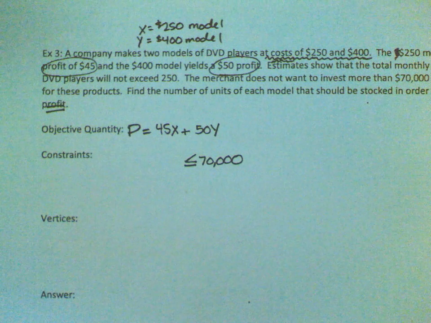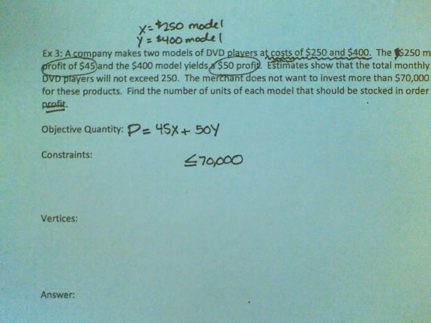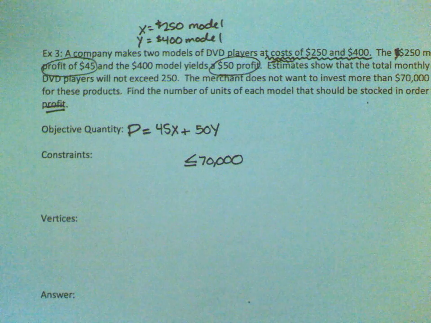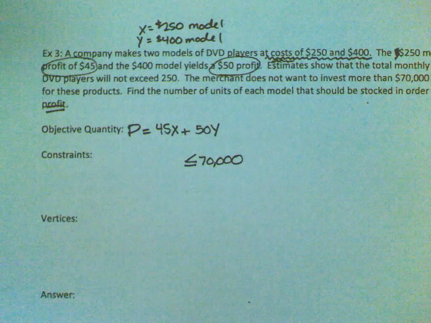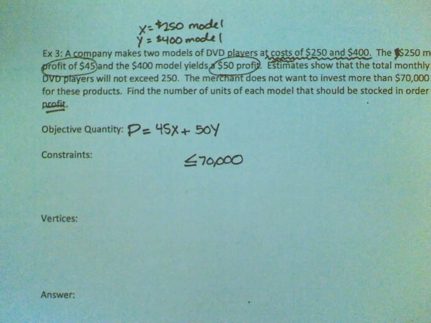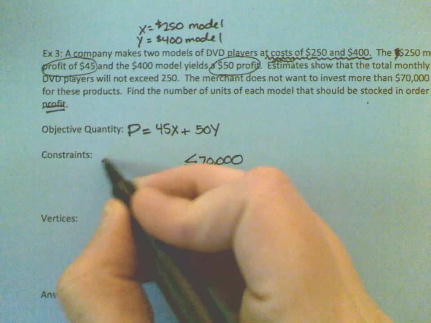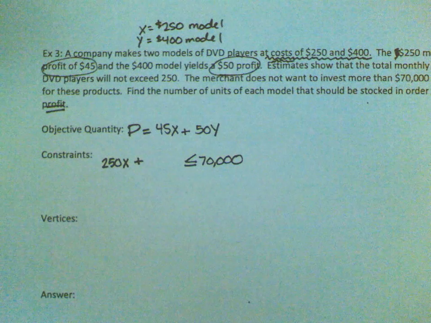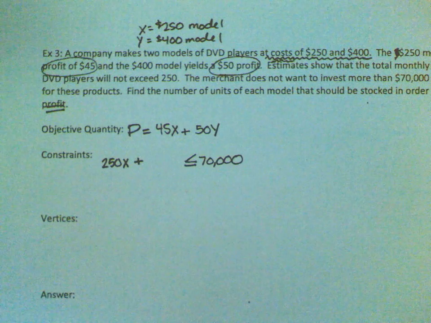So if we're thinking about the price that it's sold for, that's not necessarily its selling price, $250. Also, would you add the profit cost? No, well, no. So how much does it cost the company to make that first Model X? $250, at a cost of $250. So yeah, that one's a little bit funny. It's weirdly worded. Yes, it is weirdly worded. How about the other model? 400y.